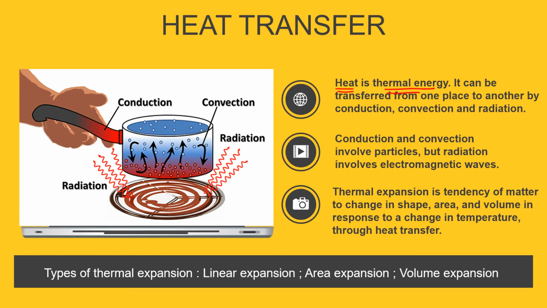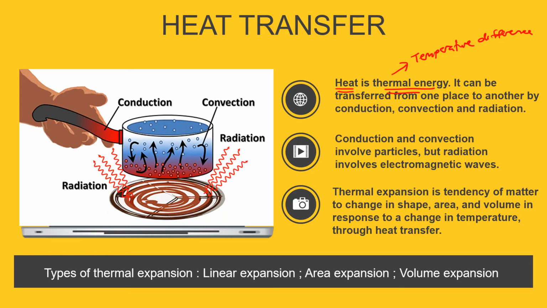So remember, when we say thermal energy, that means it will involve a temperature difference. When we call it heat transfer, it happens when the thermal energy is transferred from one place to another place.